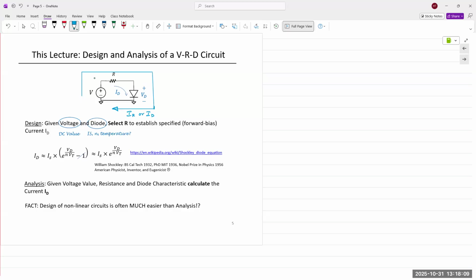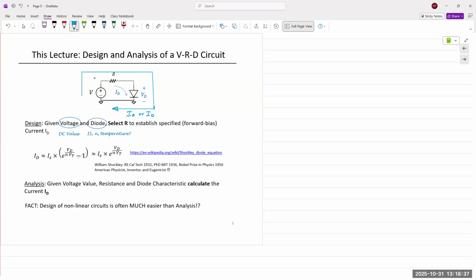Now, a real life example would be applying a voltage to an LED. An LED is a diode, and our voltage source could be a benchtop supply, or a battery, like a 3 volt or a 9 volt battery. Then we'd want to insert a resistor in the middle to limit the current flowing through that circuit.